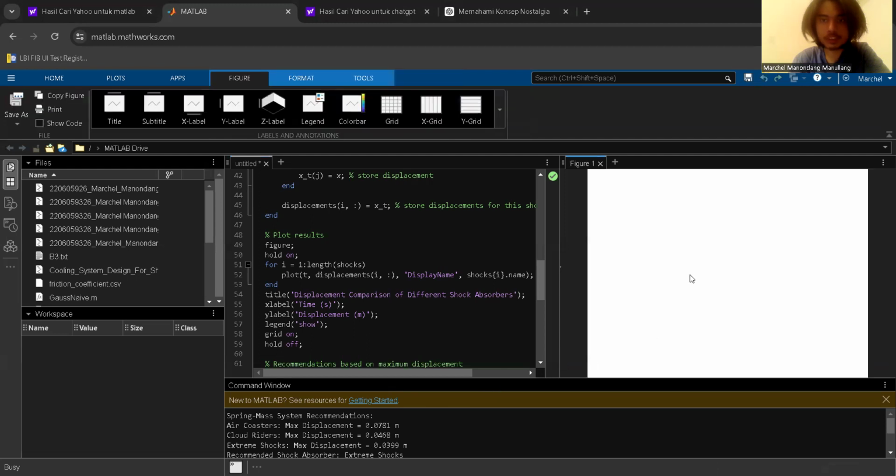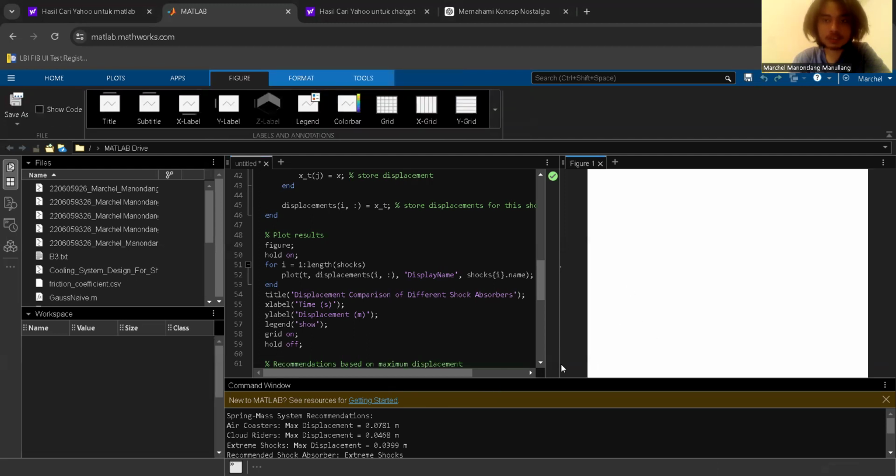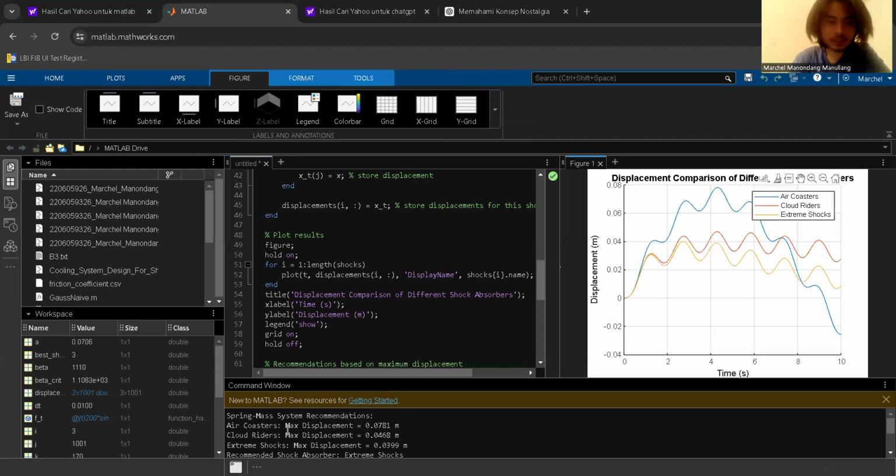And we get the plot and the maximum displacement for each shock absorber.